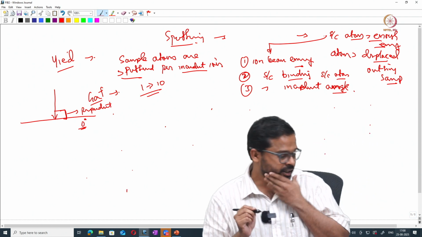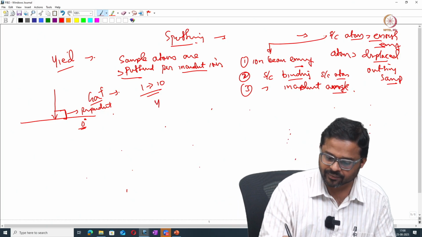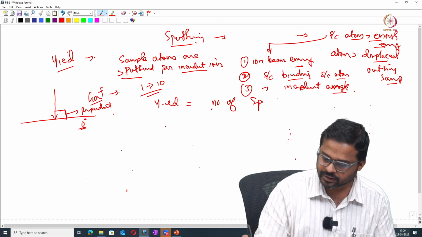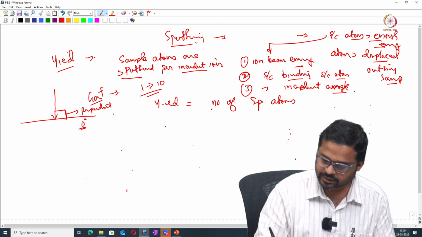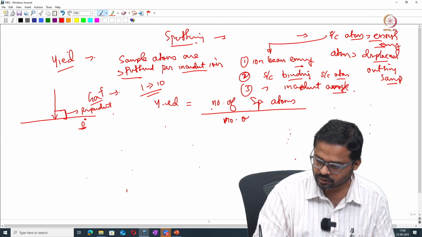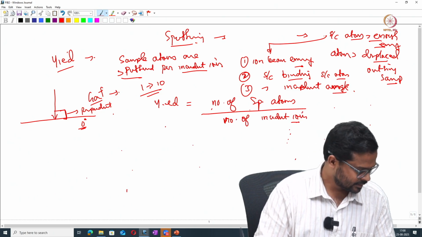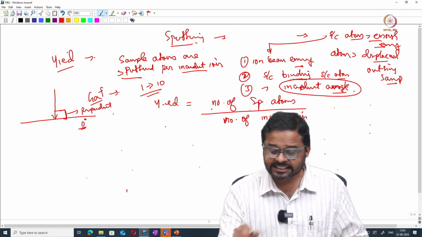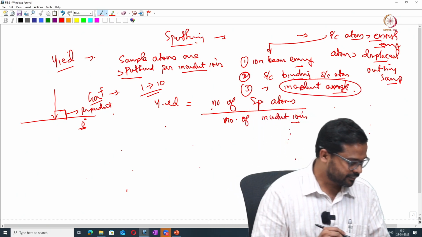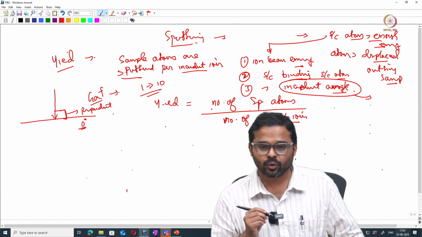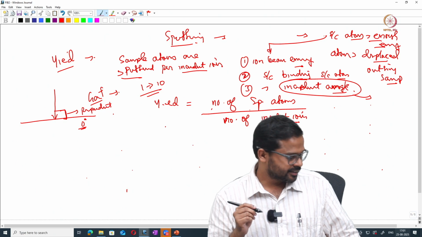So yield can be defined as the number of sputtered atoms divided by the number of incident ions. Here we talked about the incident angle, which is a very important parameter that can control your sputtering yield.